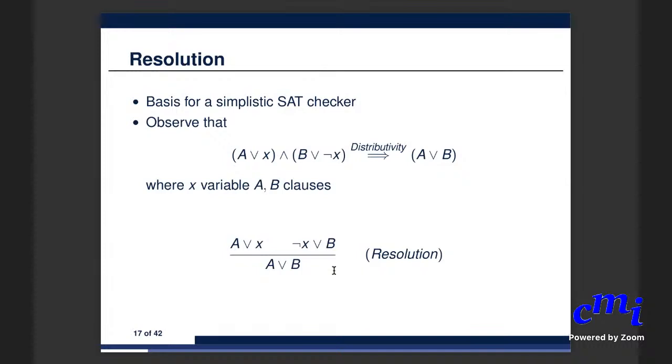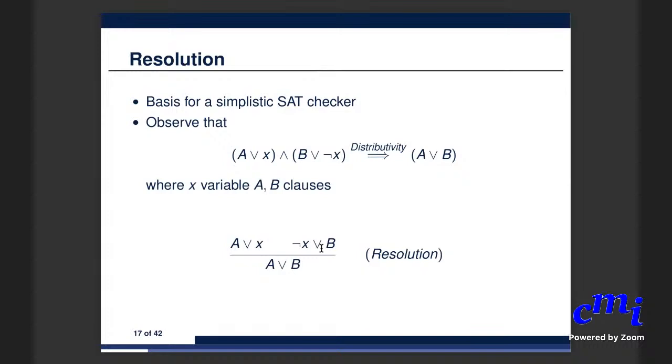And this is what the resolution principle says, that if you have these two clauses with one literal appearing in the opposing polarity, then you can merge those two and get a new clause. And you can add this clause because this is equisatisfiable. It's actually an implication of that thing, as I've shown here.